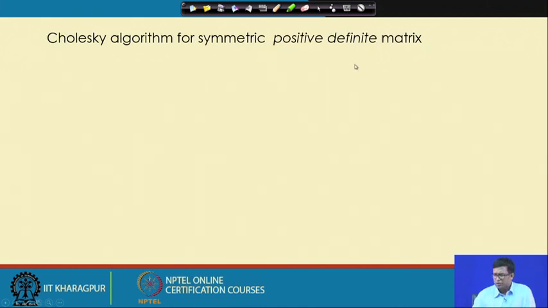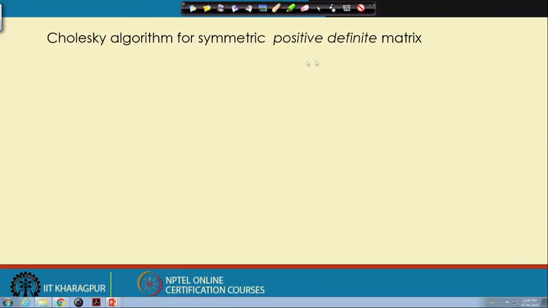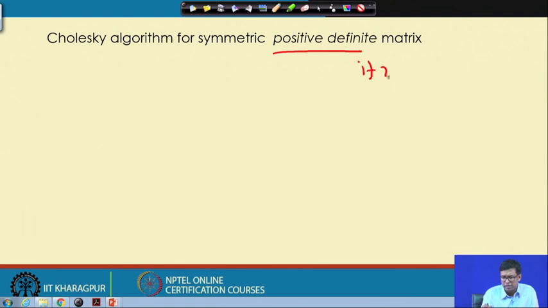Now, you see the Cholesky algorithm, and it is stated not for any symmetric matrix, but for a symmetric positive definite matrix. What is a positive definite matrix? We will discuss that later, but right now, the definition is that a matrix A is called positive definite if x transpose A x is greater than 0 for any nonzero x.